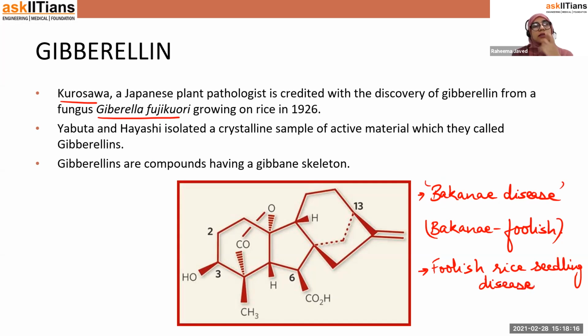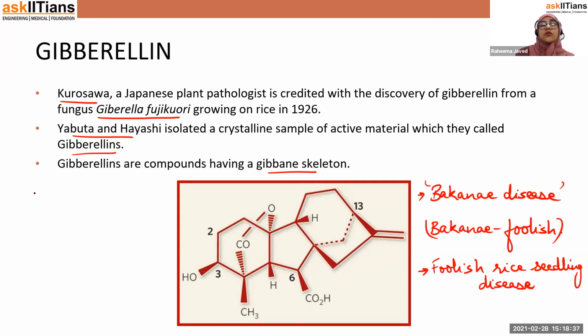Okay. Then later on, Yabuta and Hayashi isolated the crystalline sample of this chemical and they called it gibberellins. Gibberellins are the compounds which have a gibbane skeleton, and I have shown the gibbane skeleton here in the picture.